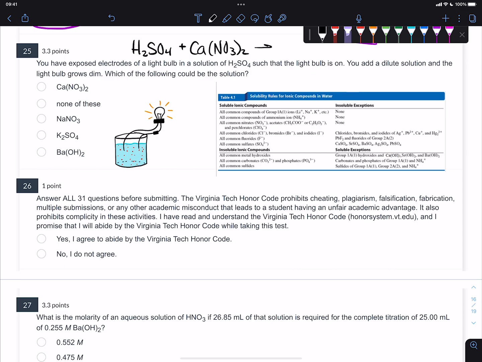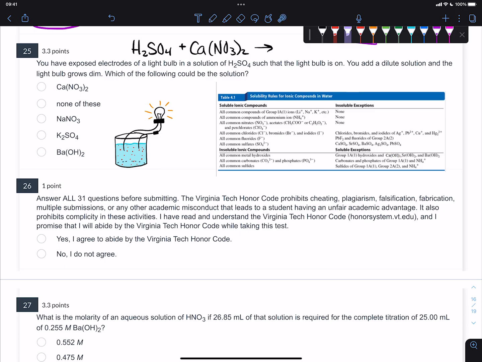For the most part, you won't have a reaction in the sense of an acid-base reaction. You'll just get a lot of extra ions. You're introducing more ions in the solution, and nothing really will happen other than it might even get brighter. So you're looking for something that reduces the number of ions in the solution overall.